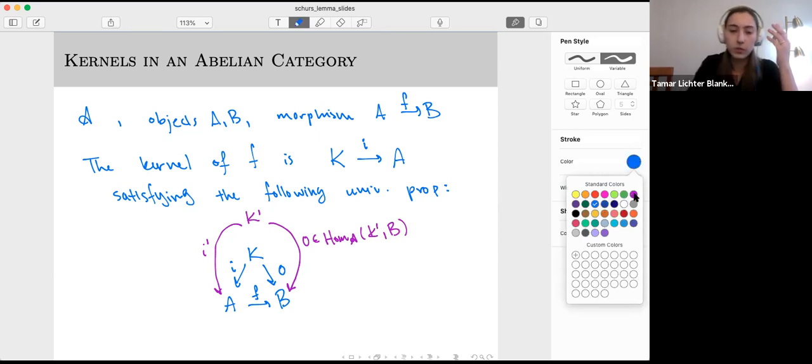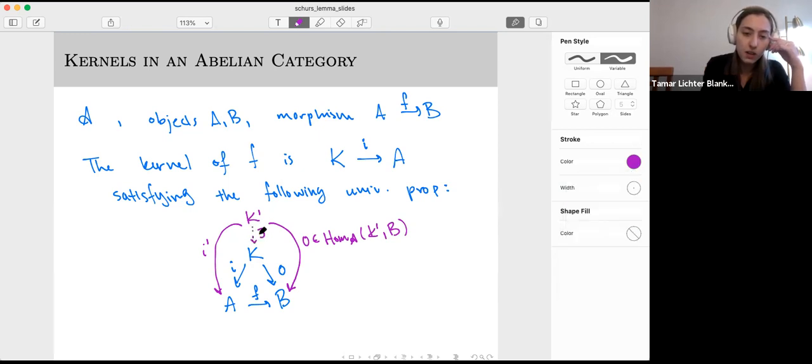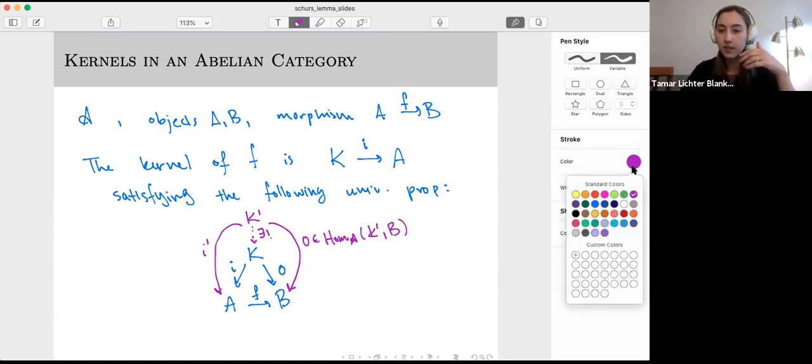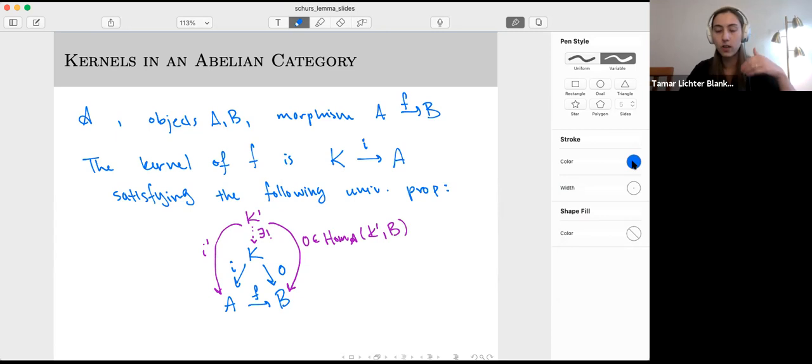Then there should be a unique map from K prime to K, so that I prime factors through the kernel. Anything that's killed by F factors through the kernel is the idea of this universal property, but it's said in this funny way because we're trying to be as general as possible.